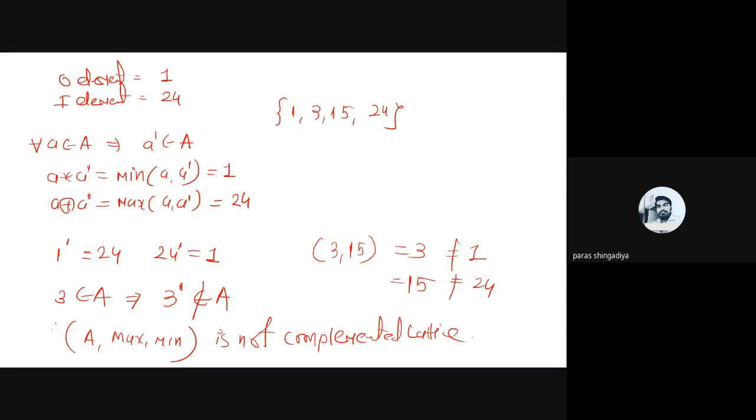Clear? And now I just modify this question, we just try it. If we consider any two entries, okay, one and let us take 30, with minimum and maximum, is it a Boolean algebra or not?